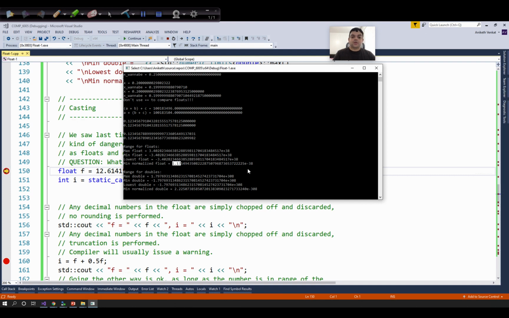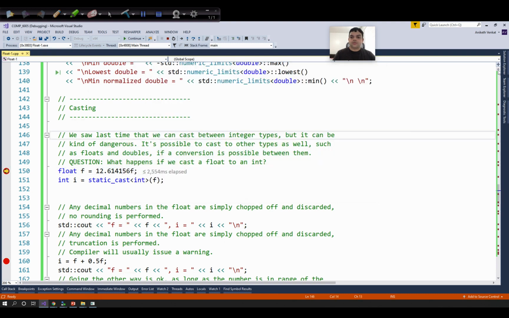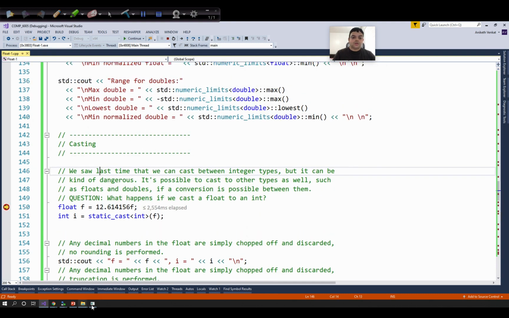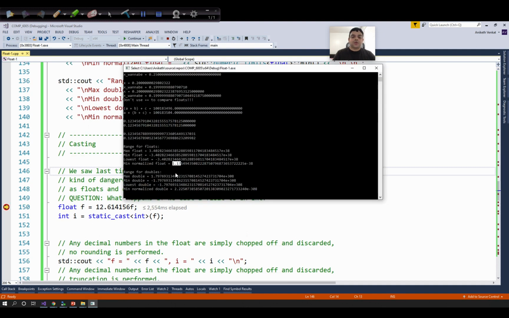So what is the difference between minimum normalized float and the lowest float? The minimum normalized float is the smallest positive number that can be represented using 32-bit single precision floats. So the smallest positive number after 0 is 1.17 times 10 to the power of minus 38.